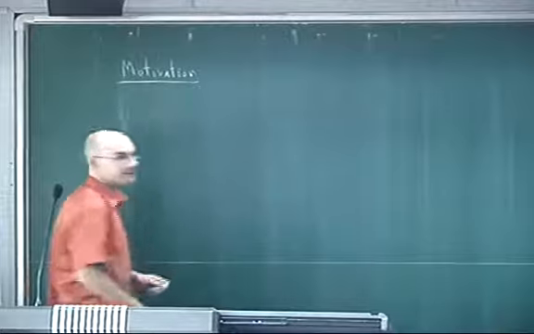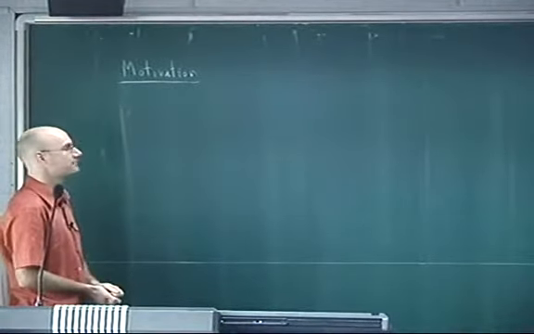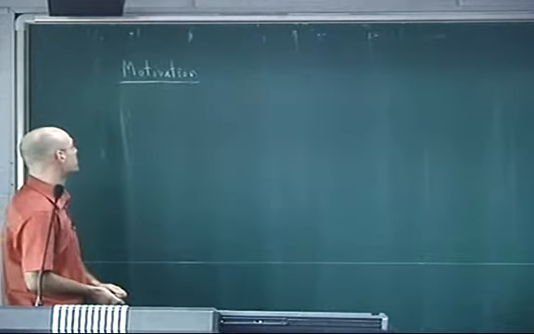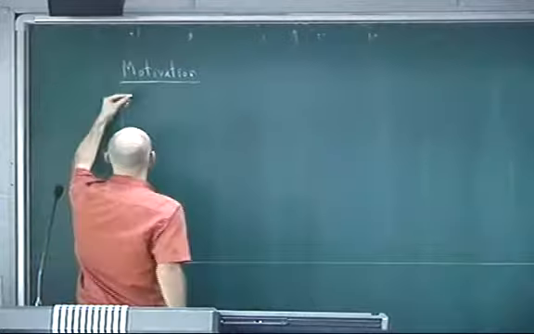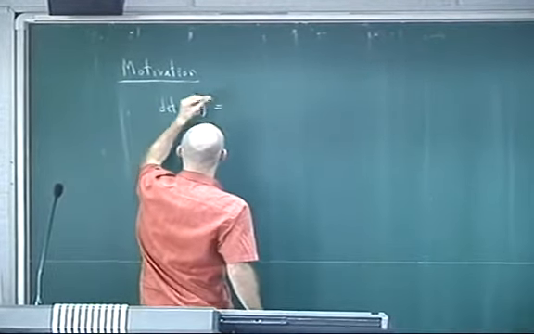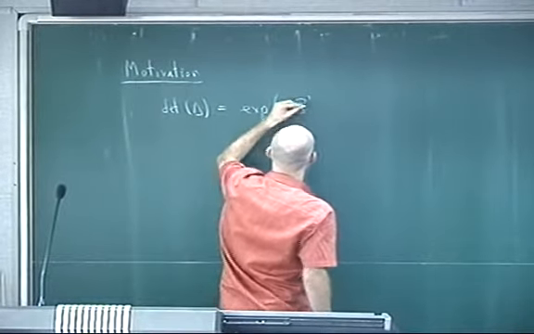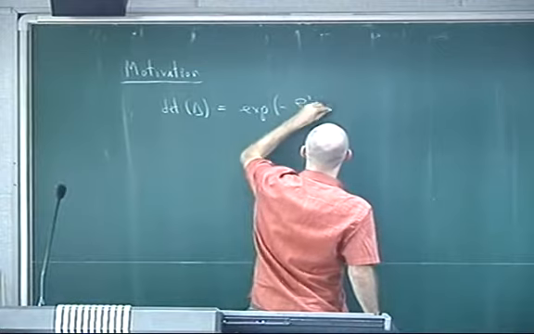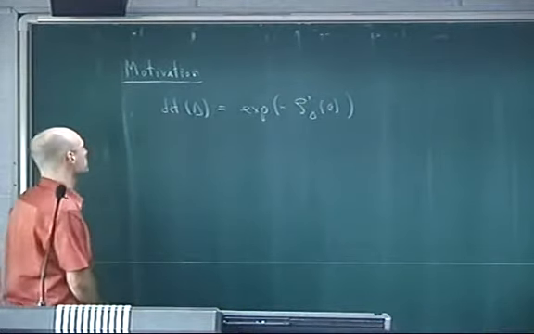So yesterday Andrew mentioned the famous Ray-Singer determinant of the Laplacian and how to define it using the zeta function. So the determinant, define it to be the exponential of minus the derivative at 0 of the zeta function of the Laplacian.